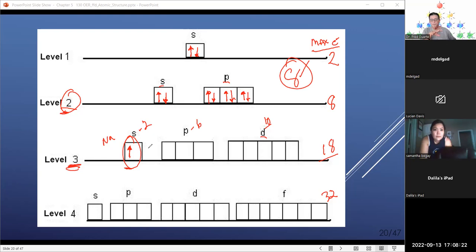Now, the confusing part is this. When we get to the d orbitals, these d electrons don't come into play until you reach the elements in level 4.